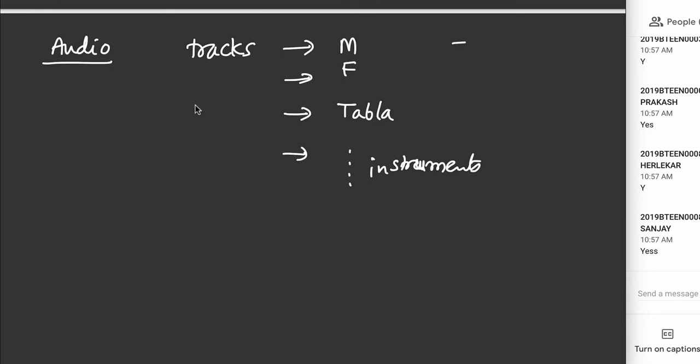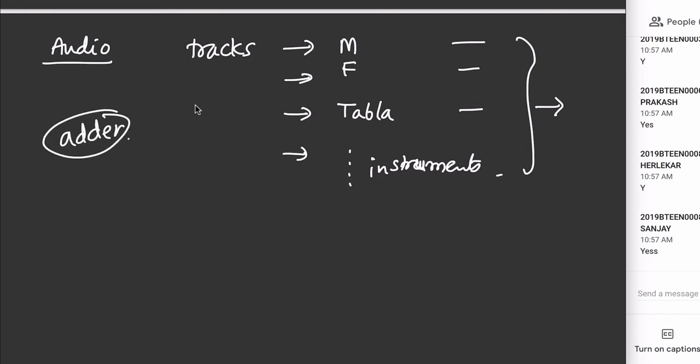So all these tracks can be separately recorded and they can be mixed by having the adder circuit. Of course, nowadays everything is digital, so this is rare. But wherever we need analog signals to be added or a slight shift of the waveform is needed, this circuit is very handy. Everybody understanding this?